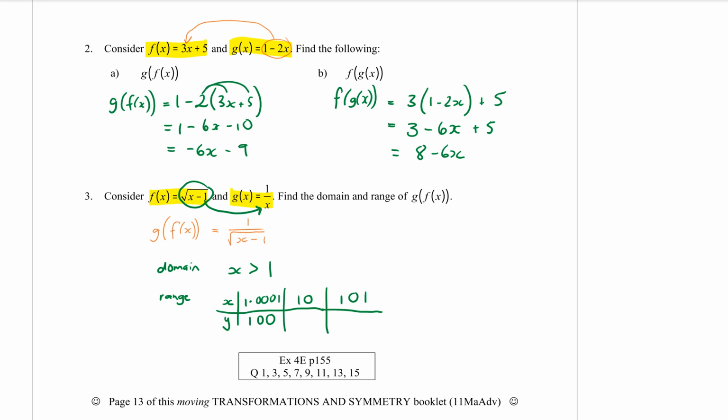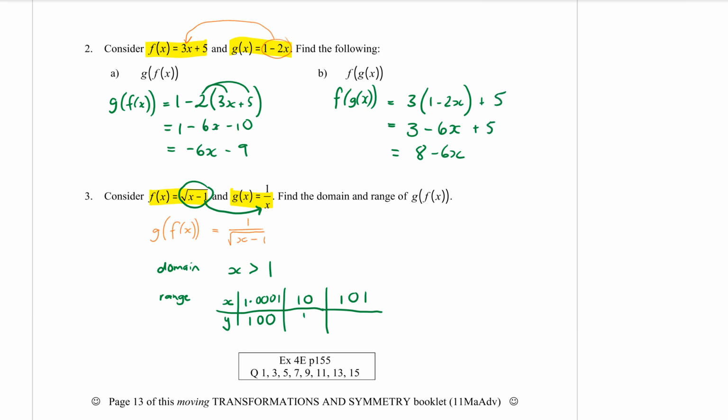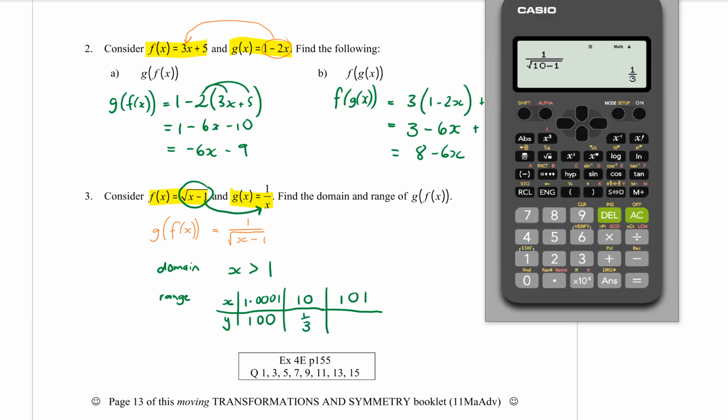All right, let's try 10. Go back through here. You don't have to rewrite it. You can just delete and change that to a 10, which gives a third. And then let's have a look at our big number, which was 101.